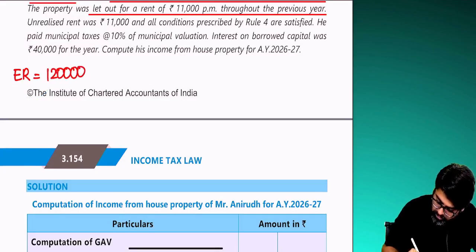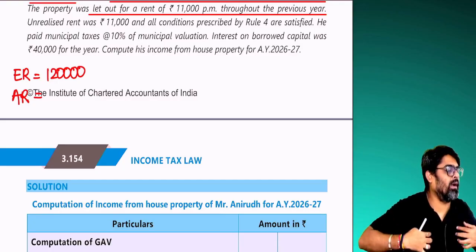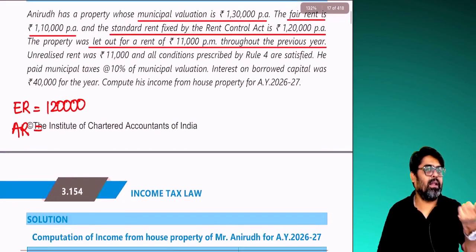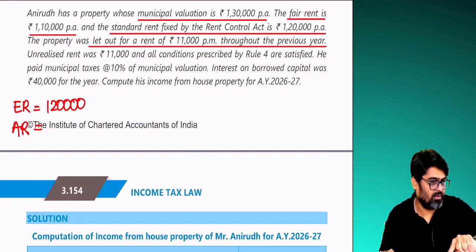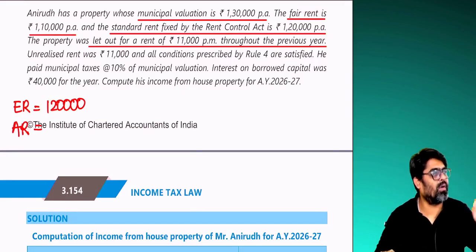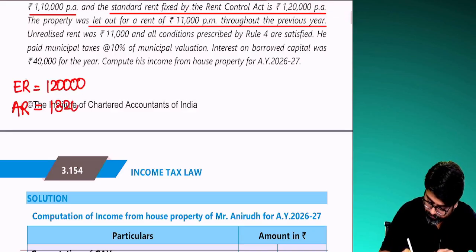Now, expected rent is 1,20,000. You will compare this with actual rent. To calculate actual rent, you have to think for how many months I have let out the property. Throughout the year, meaning the let-out period is 12 months, monthly rent is 11,000, so 12 into 11,000, 1,32,000. Can I say your actual rent will be 1,32,000?